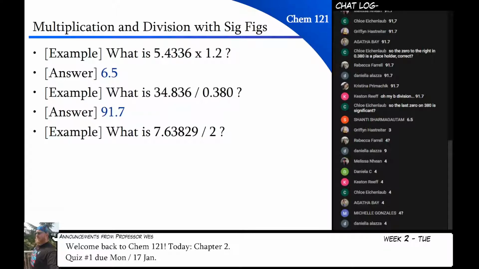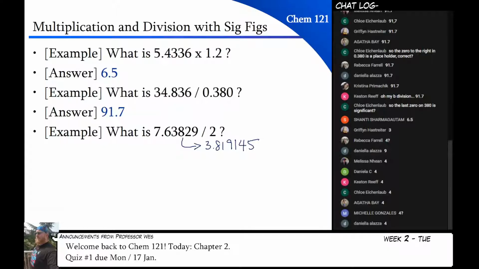All right, so I'm going to punch it in the calculator, just like we've been doing for all these. 7.63829 over 2. And this is what my calculator printed out for me. 3.819145. How many significant figures should my answer have?